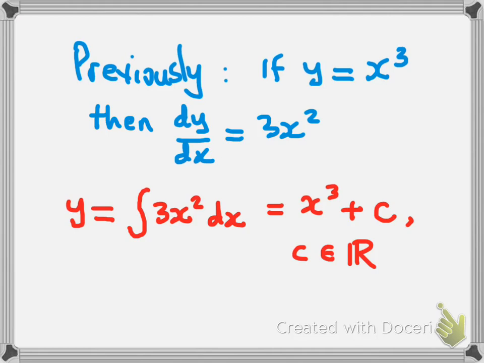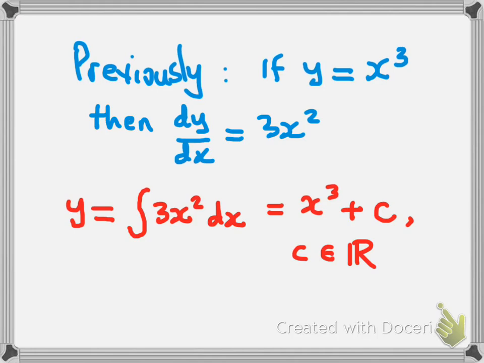So for example, if dy/dx equals 3x squared, that's your derivative. The antiderivative is going back to y, which was the original function that you had to take the derivative of to get 3x squared. And that symbol is this S-like symbol that we had here.